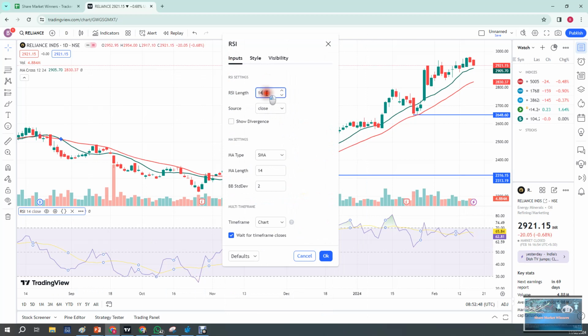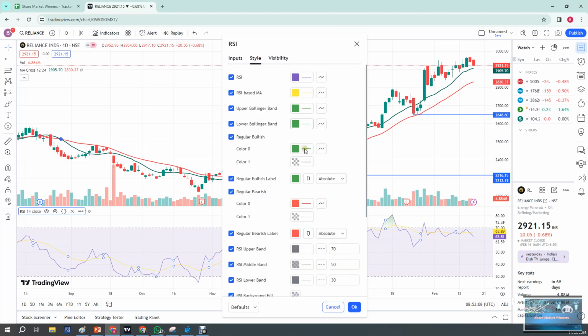Okay, there is an RSI length. They are combining two, which is why we have SMA as well, where I'm choosing an exponential, whereas it has multiple periods.